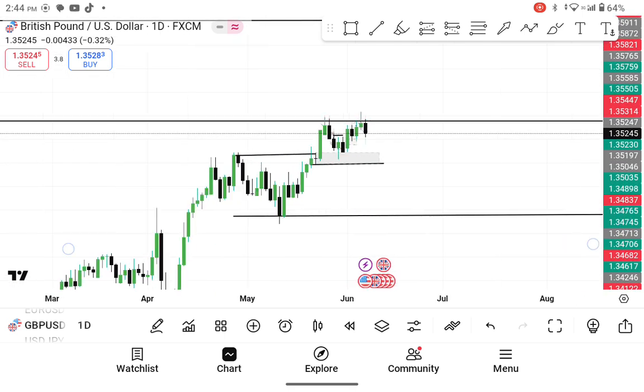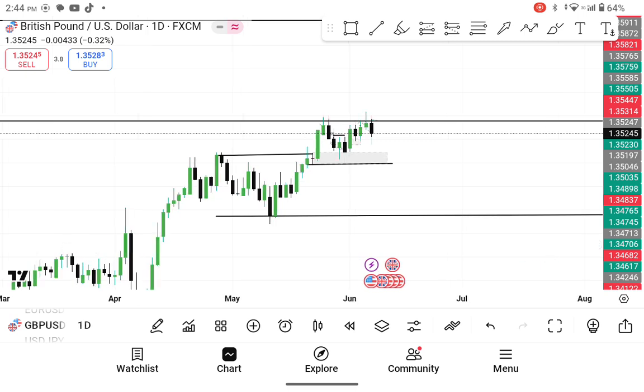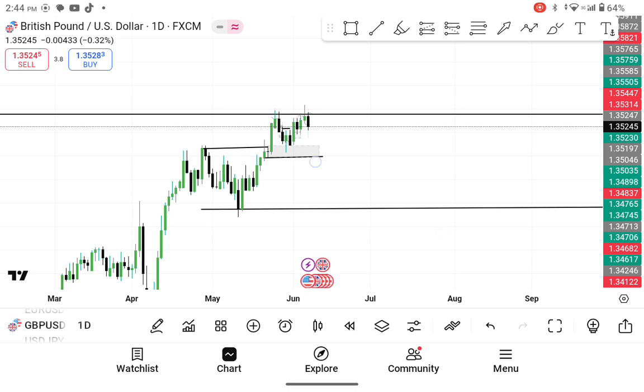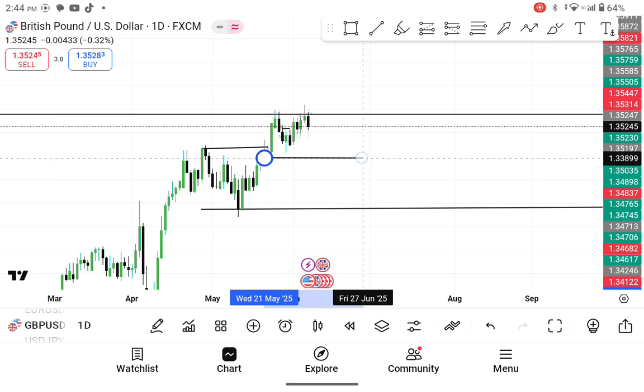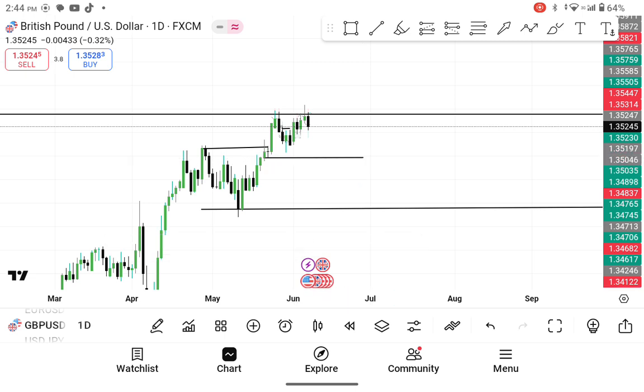We are looking for a sell, and this is going to be our draw on liquidity. So we'll be looking at this area here as our key level, draw on liquidity to the downside.